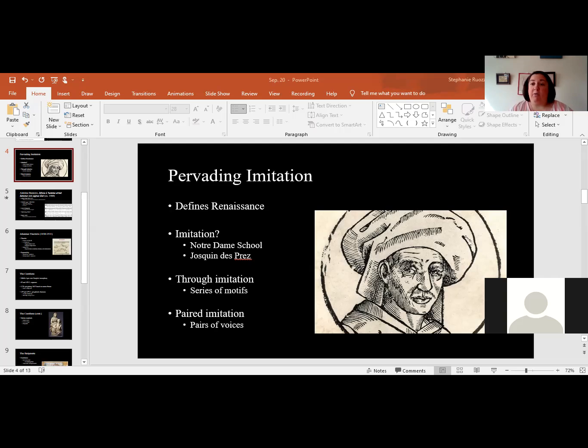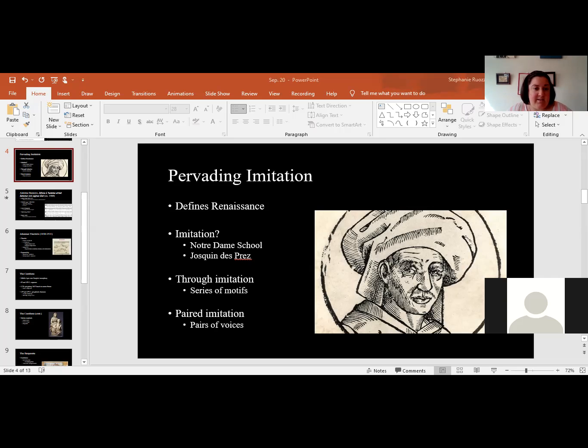Through imitation is pervading imitation taken to its fullest extent, the maximum possible.